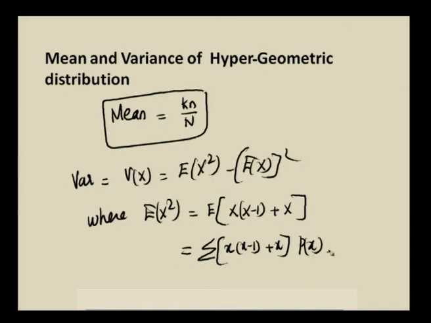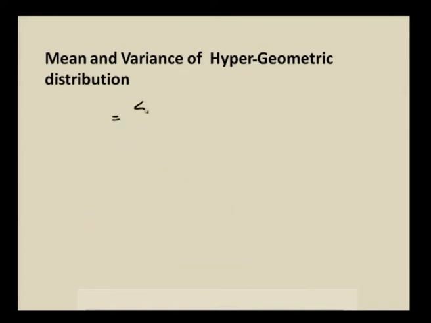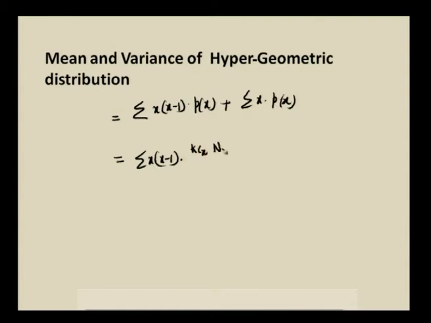I write this separately: summation x into (x minus 1) into P of x plus summation x into P of x. Okay. Summation x into (x minus 1) into P of x, substitute for your P of x, which is kCx (N minus k)C(n minus x) by NCn.